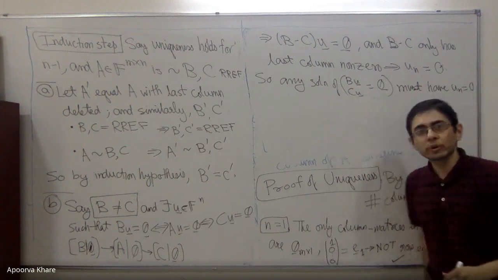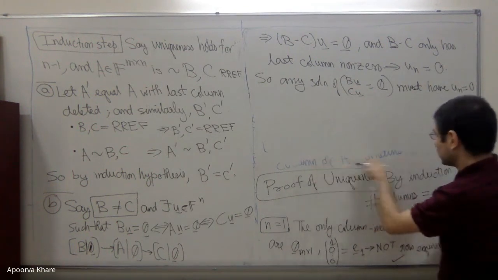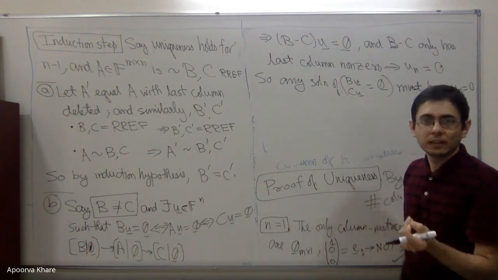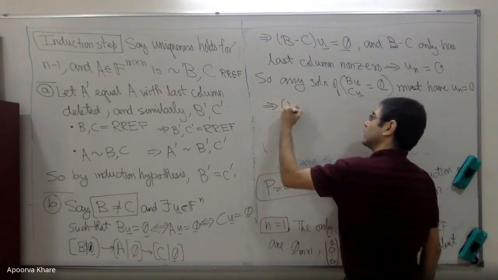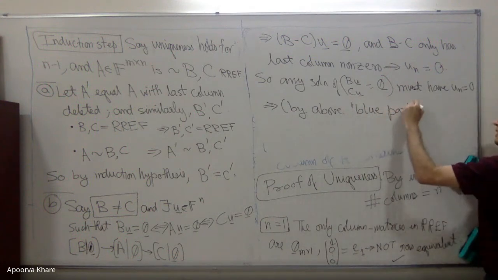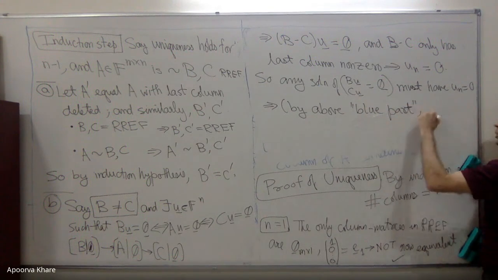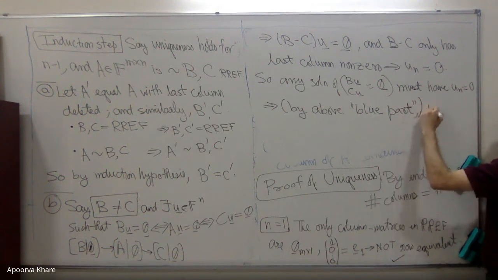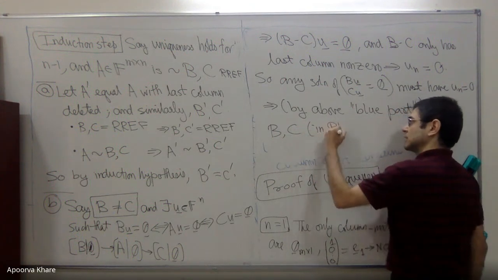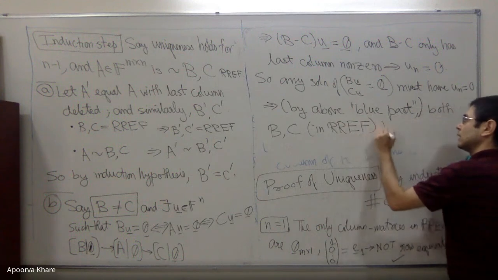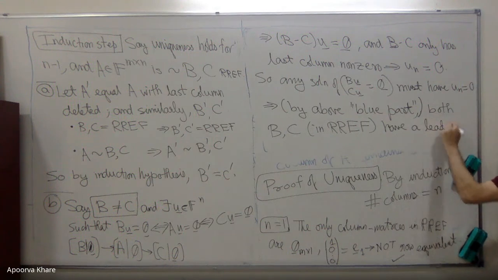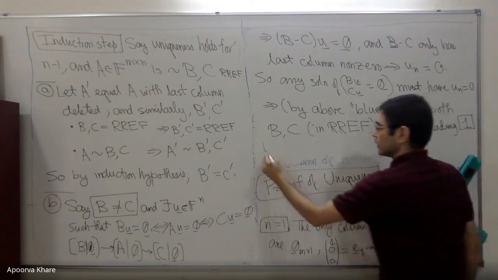But B and C are in row reduced echelon form. So that observation that I wrote, this thing that I just erased, implies that B and C both have a pivot 1 in their last column. By the above blue part, both B and C, which are in RREF because they are both in the reduced row echelon form, have a leading 1 in their last column.